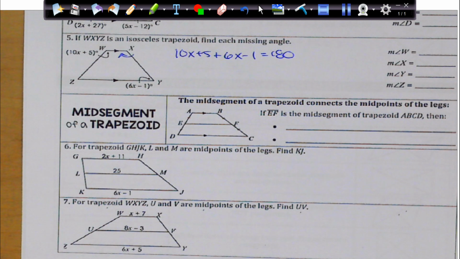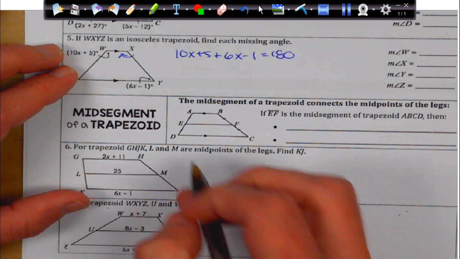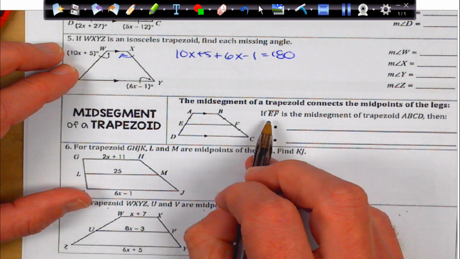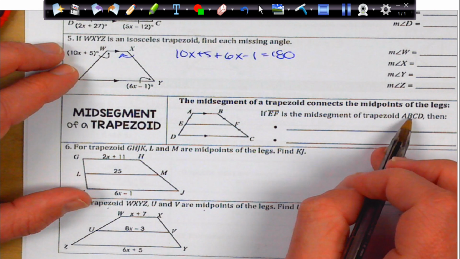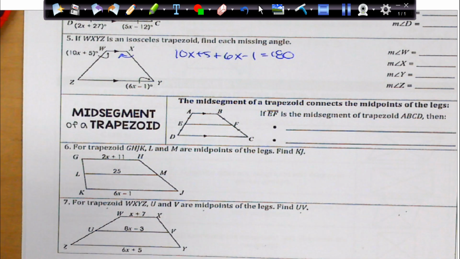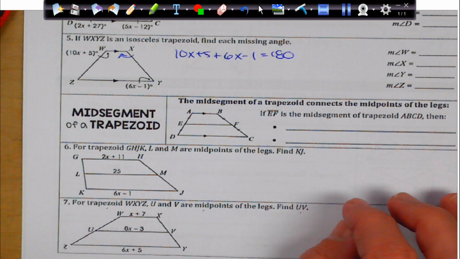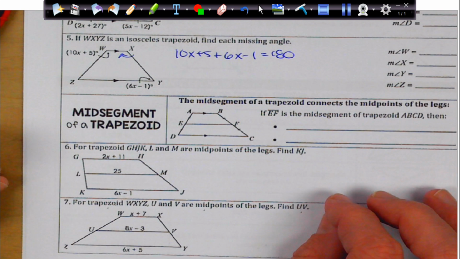Alright, last thing. Mid-segment of a trapezoid connects the midpoints of the legs. So if we have these little midpoints of the legs, if EF is the mid-segment of a trapezoid ABCD, then what is true? Well, we end up with a pretty cool little thing that happens here.